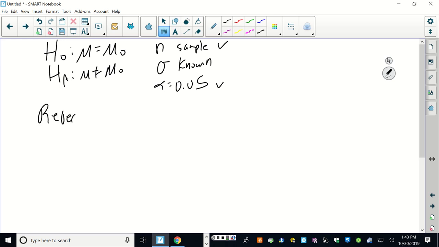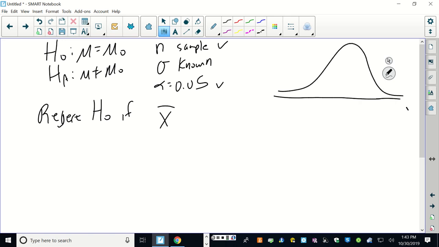So all that's set up, and we're going to reject the null hypothesis under these conditions if we get a value of x bar that's far enough from mu sub 0. Under the null hypothesis, the distribution of x bar is going to be centered at mu sub 0.